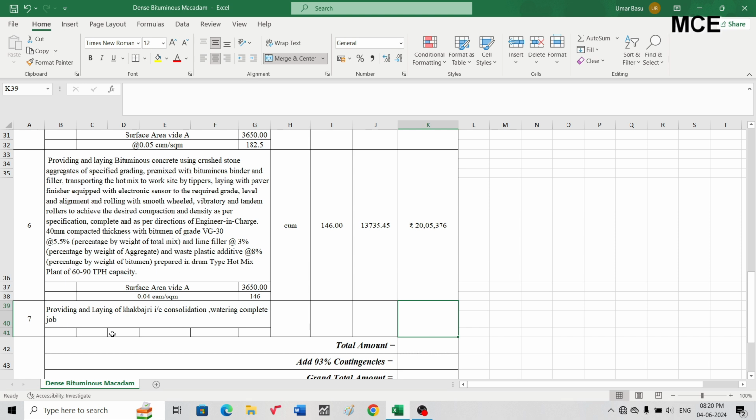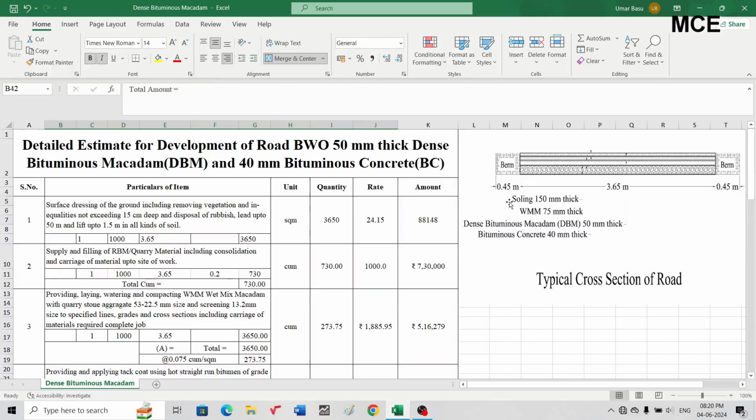Now the seventh item is the providing and laying of stone soling or khag bajri in the berms or shoulders. Again for this, number will be 2, on both sides, length 1000, width 0.45 meter, as I have already written in the cross section.